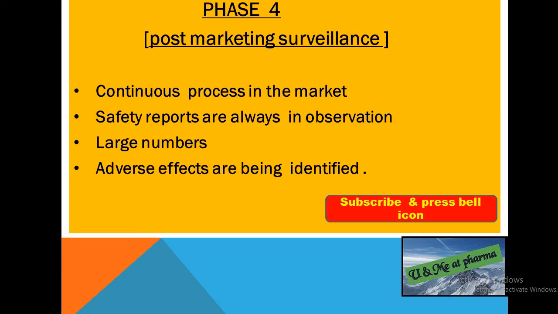If it is not satisfying the criteria, it has to undergo a process of recall. So safety reports are always under observation, to see whether the drug is safe for a large group of people or not. Everything is checked and large numbers are included. It's not 1 or 2 or 1,000, but large numbers. So adverse effects are identified all the way. This is the continuous phase 4.